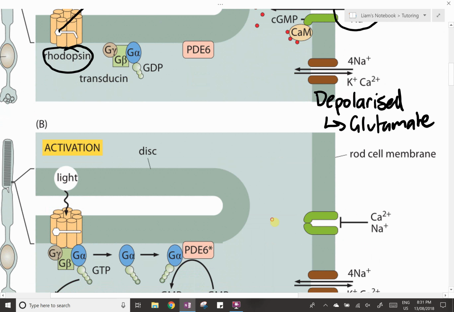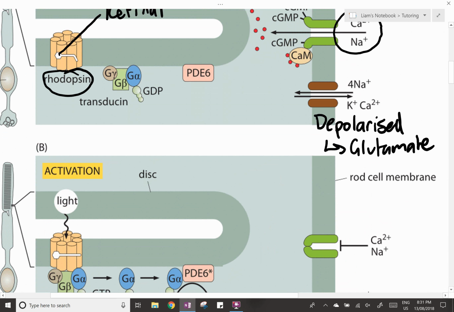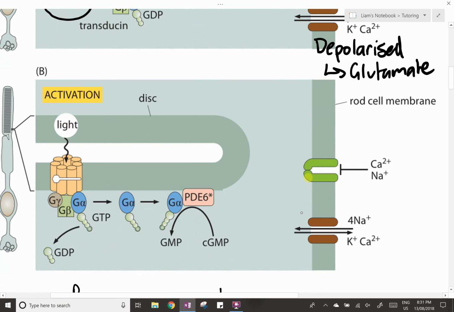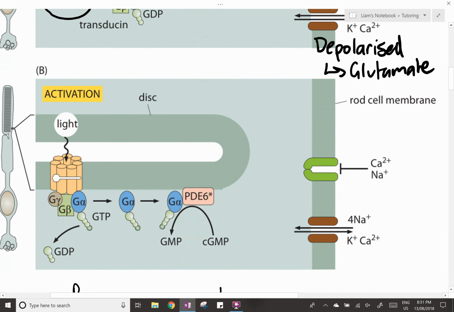What happens is rhodopsin and retinal are light sensitive. When light hits retinal, it changes its conformation, and that induces conformational change in our rhodopsin protein. That conformational change activates another series of intracellular events.